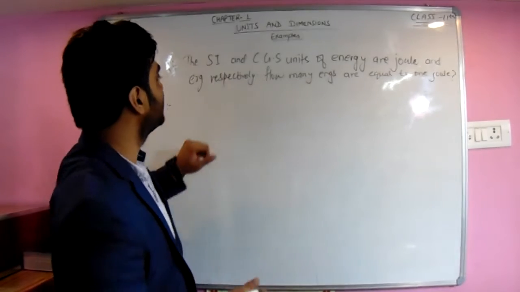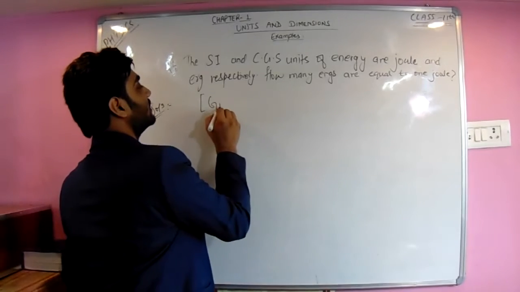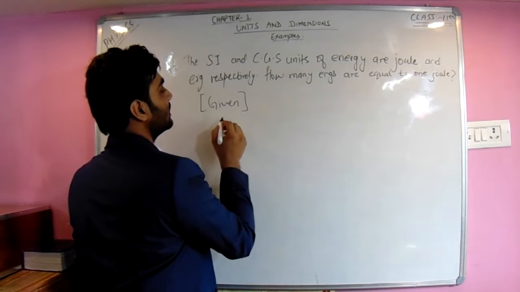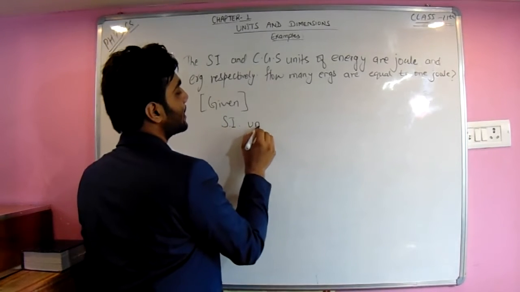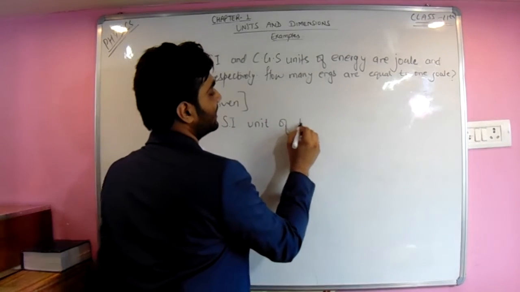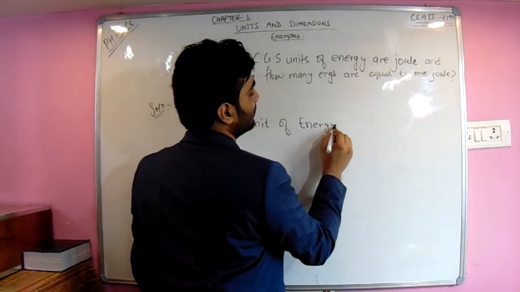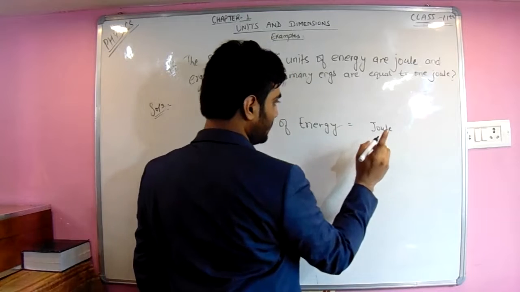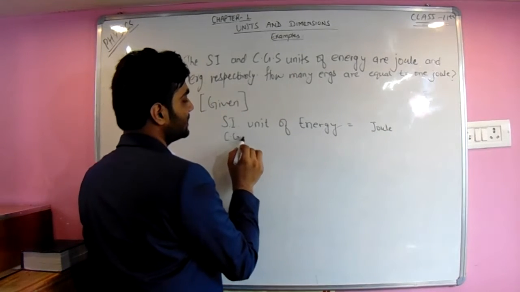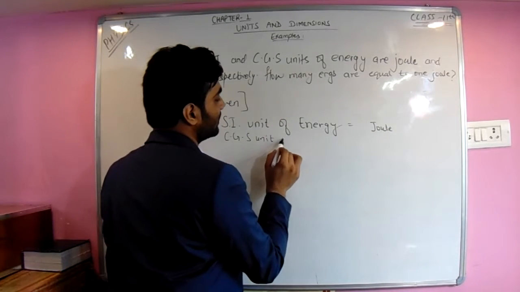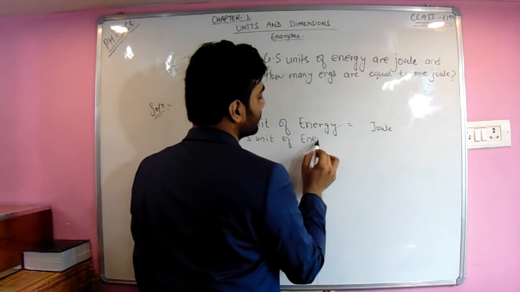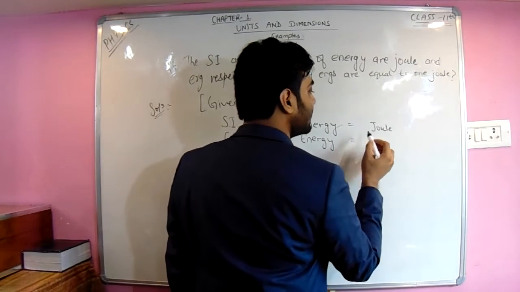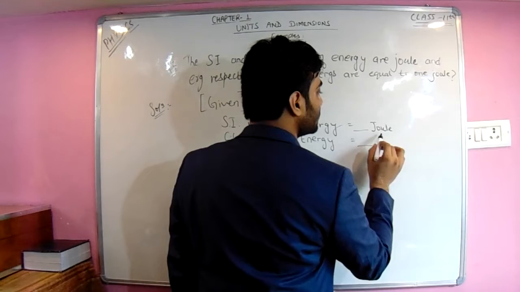So here, what is given in this question? The SI unit of energy, that is joule. The CGS unit of energy, not the formula of energy, but the unit, is erg.